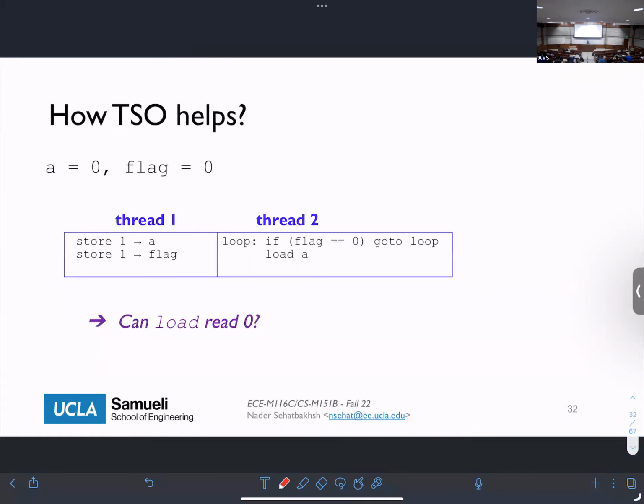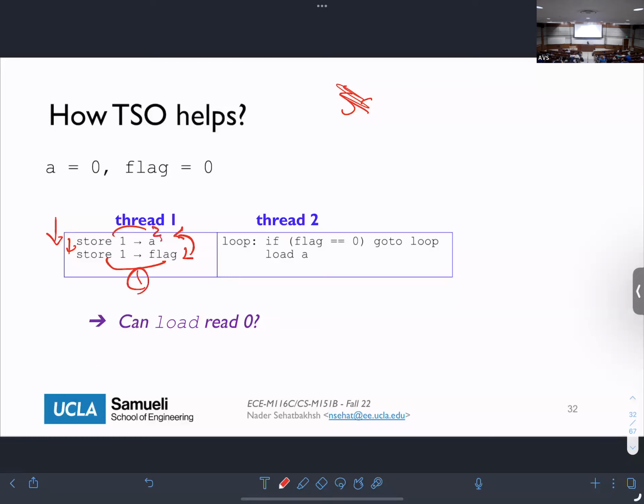Okay? So let's see how TSO can help us. If you have a scenario like this, that let's say A is equal to 0, and flag is also equal to 0, what TSO will give us is that since we have the store buffer, we're going to see that this store is actually happening in order from the other cores. If we didn't have TSO and we didn't have any consistency models, since these two could have been reordered, this might have happened first and this might have happened second.